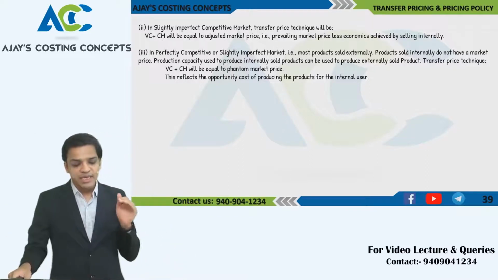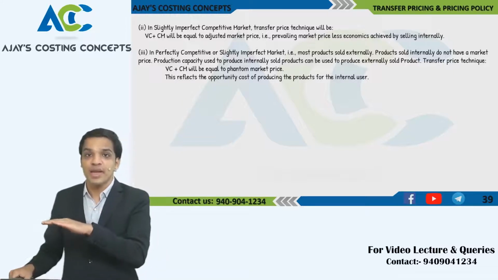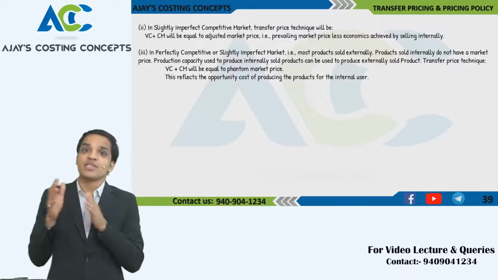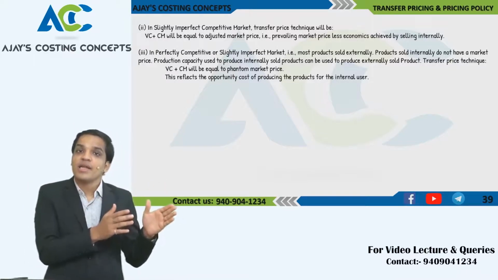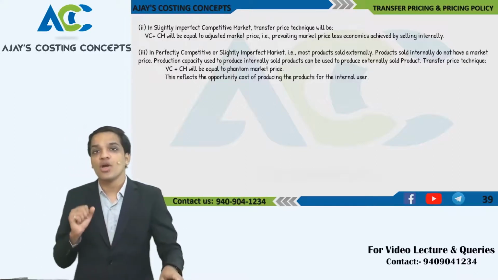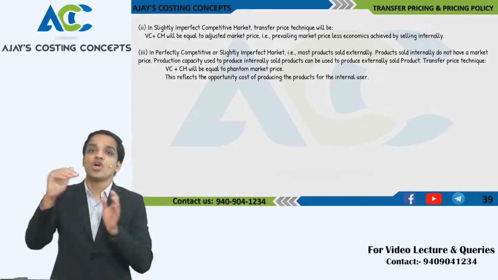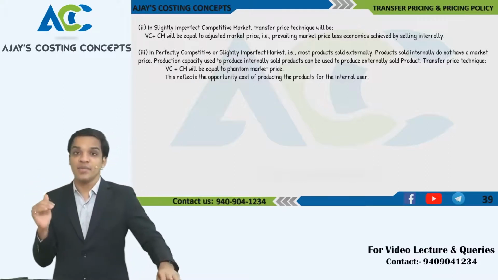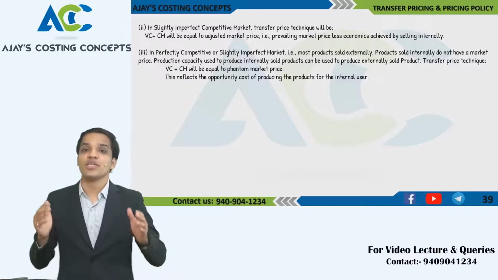Now, there is a market where you have an internal demand and you have an external demand, right? So now there are two products. Your internal demand is of product A and external demand is of product B. So to manufacture A, you are losing a contribution of B. In that case, your transfer price will be variable cost of A plus contribution foregone of B, because your A doesn't have a market demand but your B has a market demand and your capacity of production is limited.